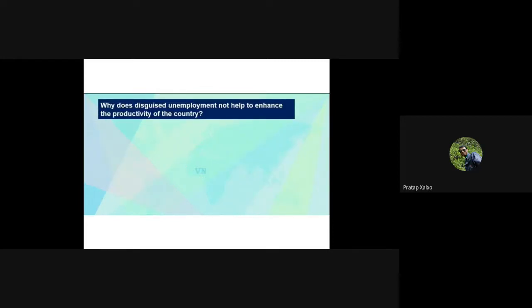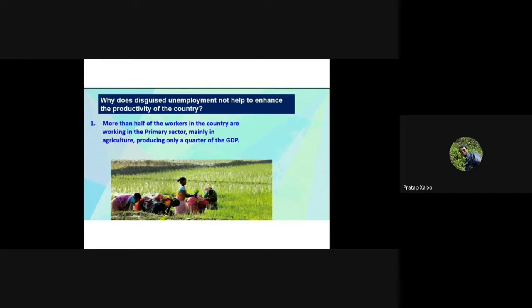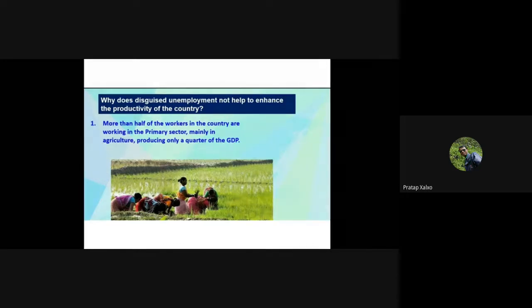Why does disguised unemployment not help to enhance the productivity of the country? The reason is, let us sum up. More than half of the workers in the country are working in the primary sector, mainly in agriculture, producing only a quarter of the GDP.